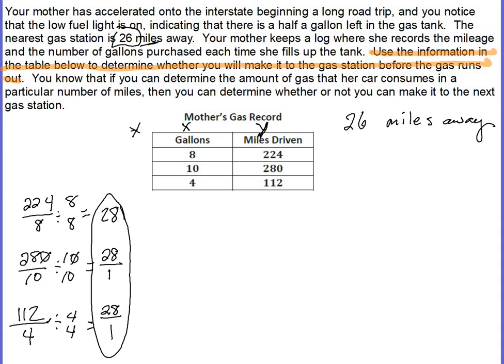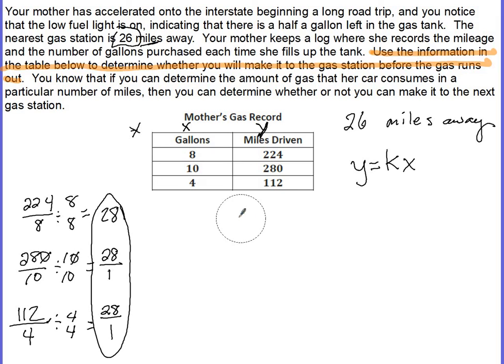So since the relationship is proportional, I can create an equation, and then I can actually figure out, based on the number of gallons of gas that I have or want, how far I'll be able to go. So let's take a look at that. We said the relationship is y equals the constant of proportionality times x.